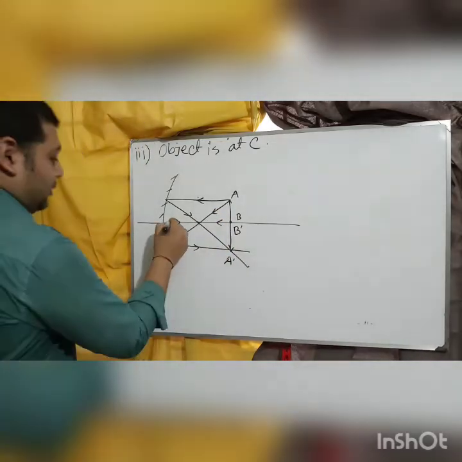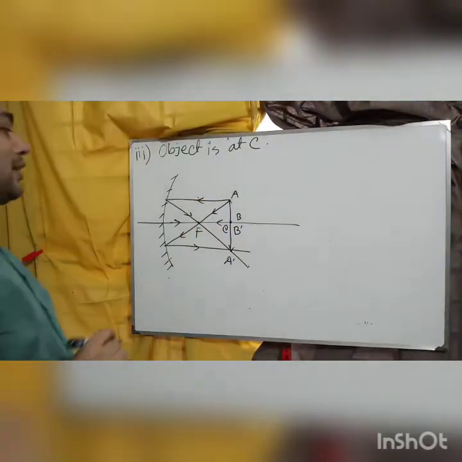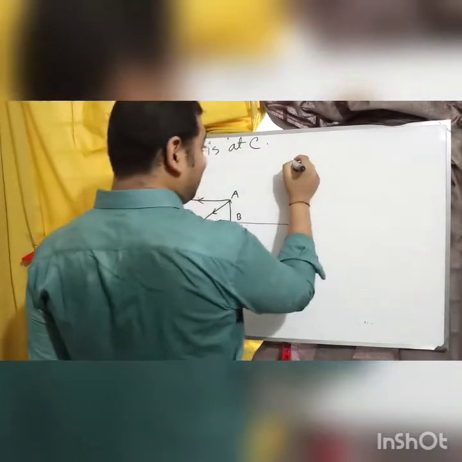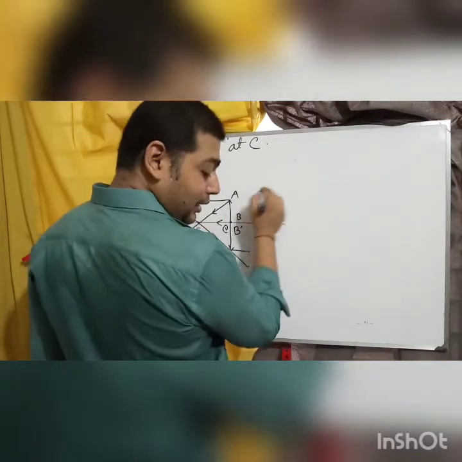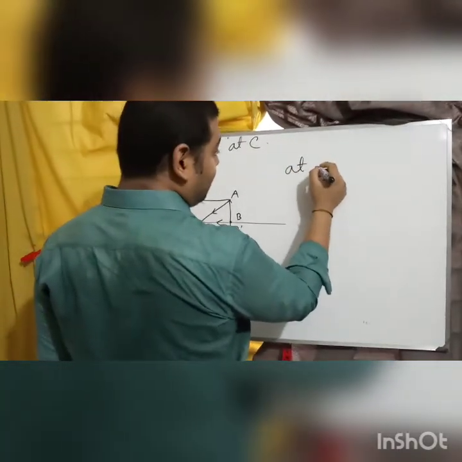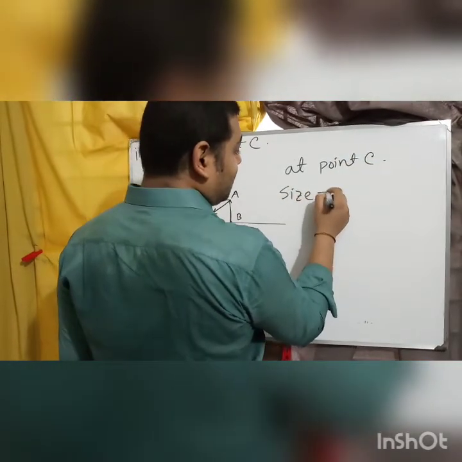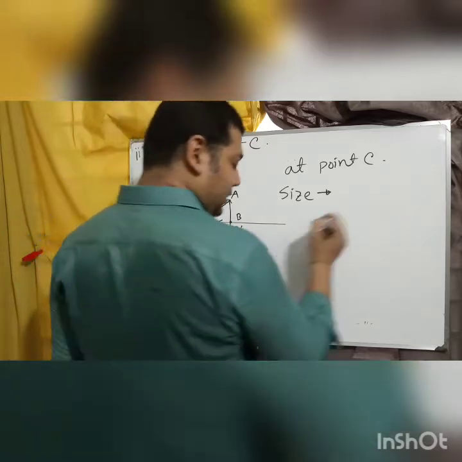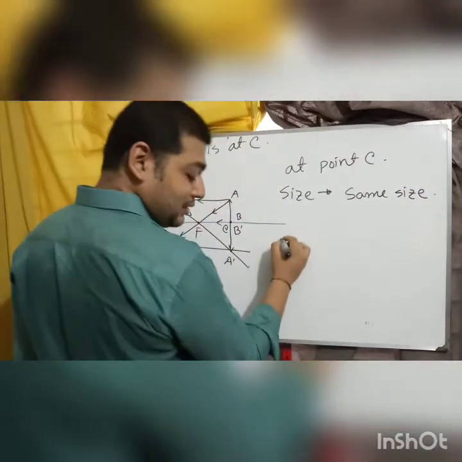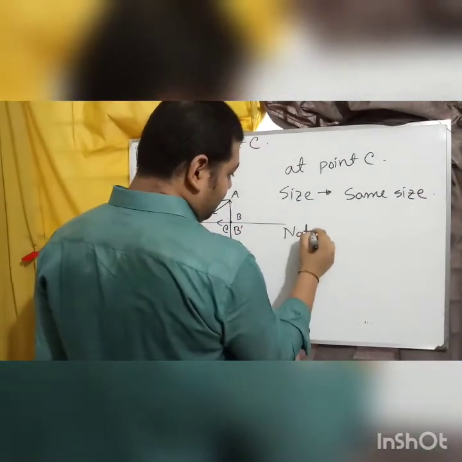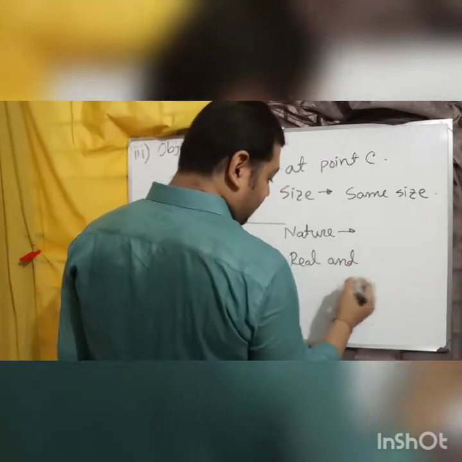This is our focal point, and this is our center of curvature. This time the image is at point C. The size is the same size, and the nature is real and inverted.